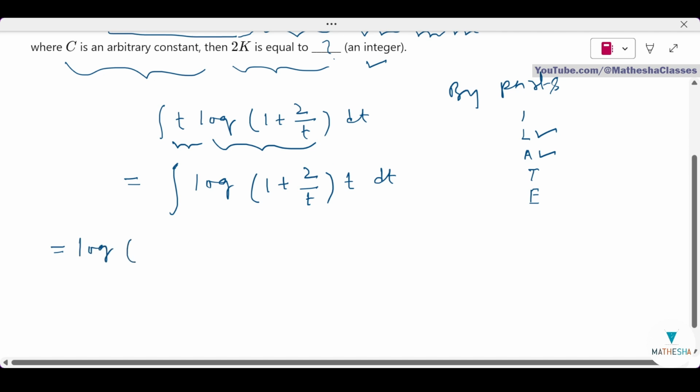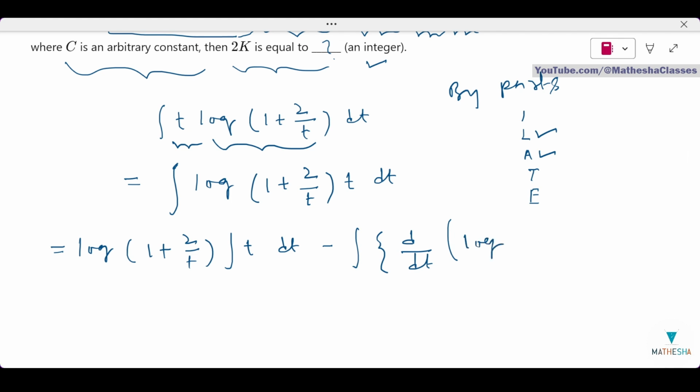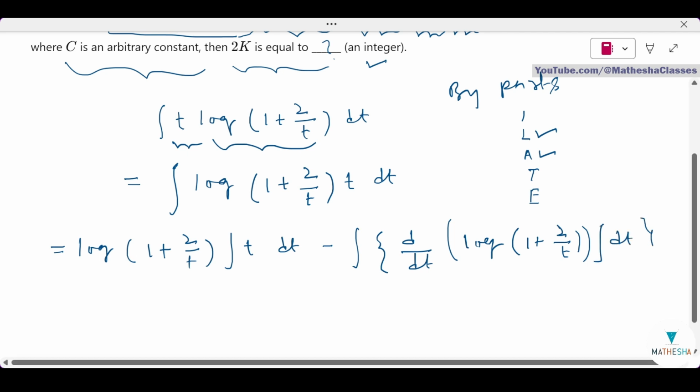So log (1 plus 2 upon t) integration t dt, minus integration of d/dt of log (1 plus 2 upon t) times integration t dt, dt.